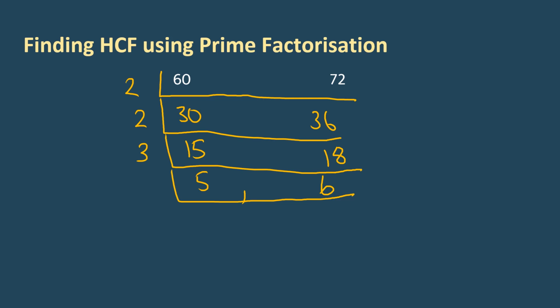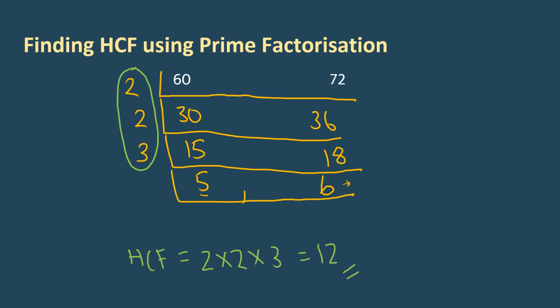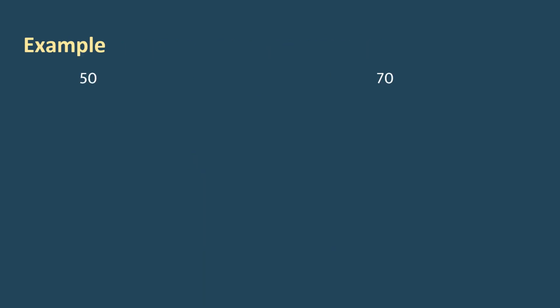Now we look at the left hand side. Our highest common factor is the product of these three numbers. So HCF equals 2 times 2 times 3 equals 12. This is another way you can find your highest common factor. Now take some time to try this example.